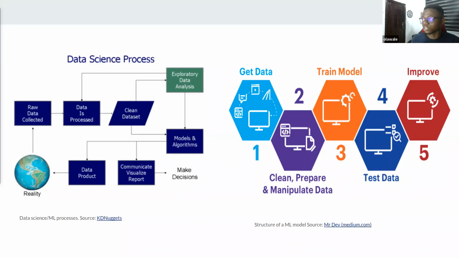For this webinar, we could just see machine learning as a subset of data science. Data science itself entails data analytics as some part of machine learning itself.